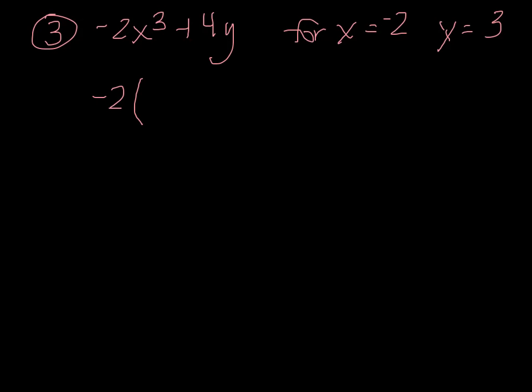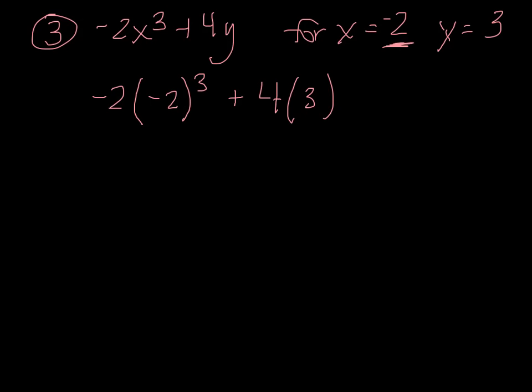Always put your substitution in parentheses when you're putting them in. I could just put times, but that would be too confusing. I want you to always put it in parentheses when you're substituting a number in for a letter. Negative 2 times negative 2 cubed plus 4 times 3.